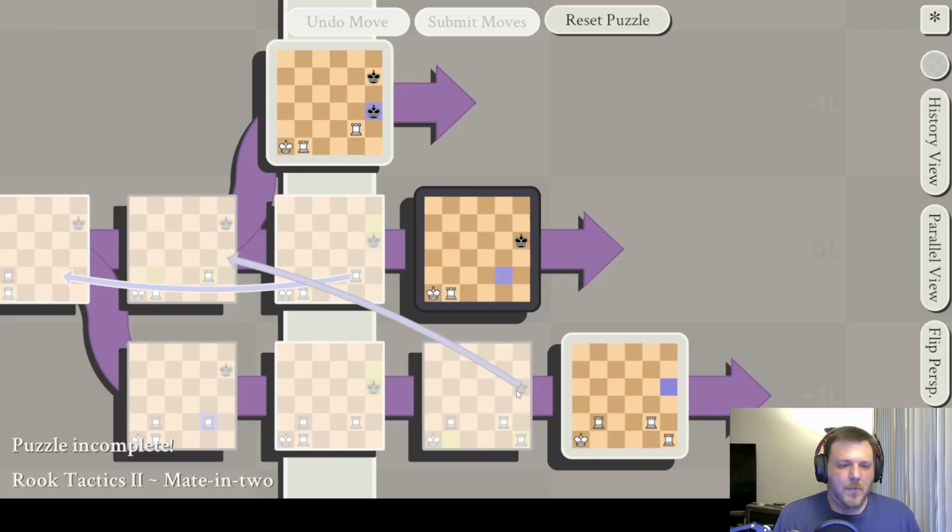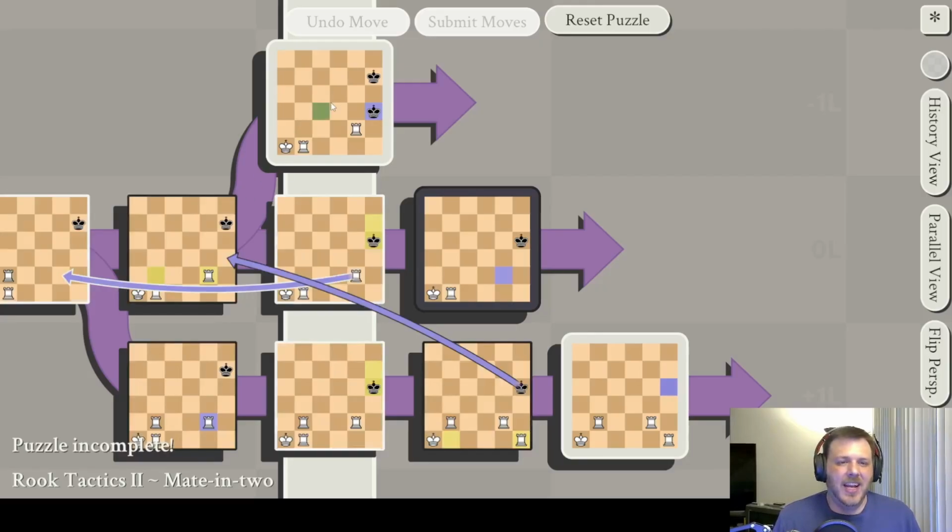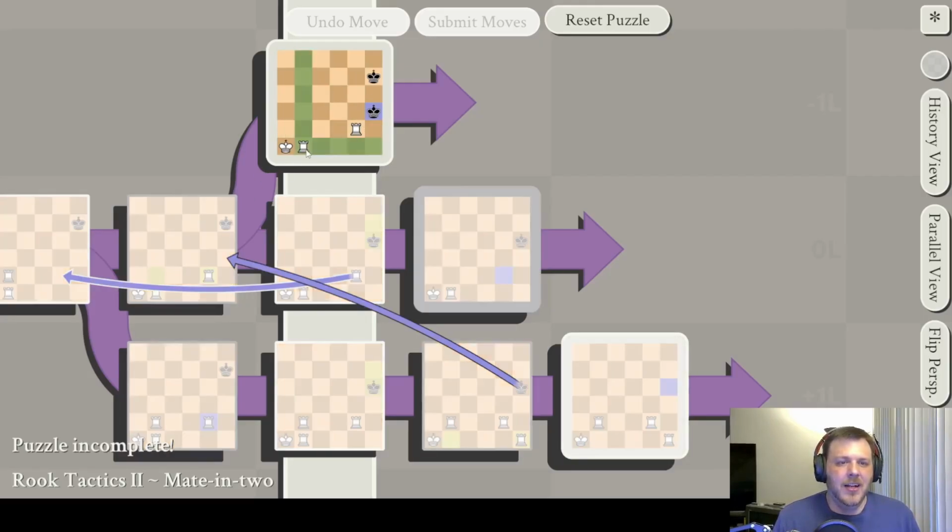So he moved one space down, one space back in time, and one space sideways. So he can move one space in any number of directions. And that created an alternate timeline here where we can pin the king to the king. And that's got to be a checkmate.